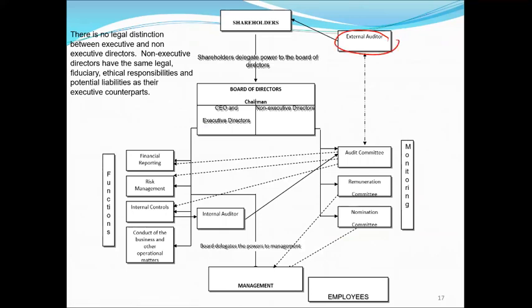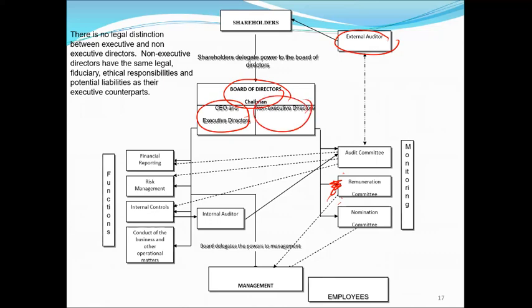There is no legal distinction between executive and non-executive directors. Non-executive directors have the same legal, judiciary, and ethical responsibilities for potential liabilities as their executive counterparts. So here in the BOC, the shareholders delegate power to the board of directors. So there are the chairman, CEO, and executive directors and non-executive directors.